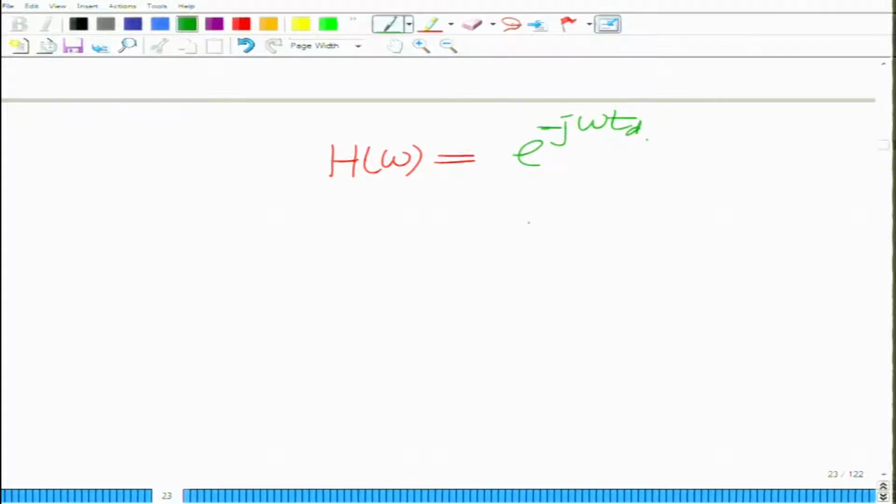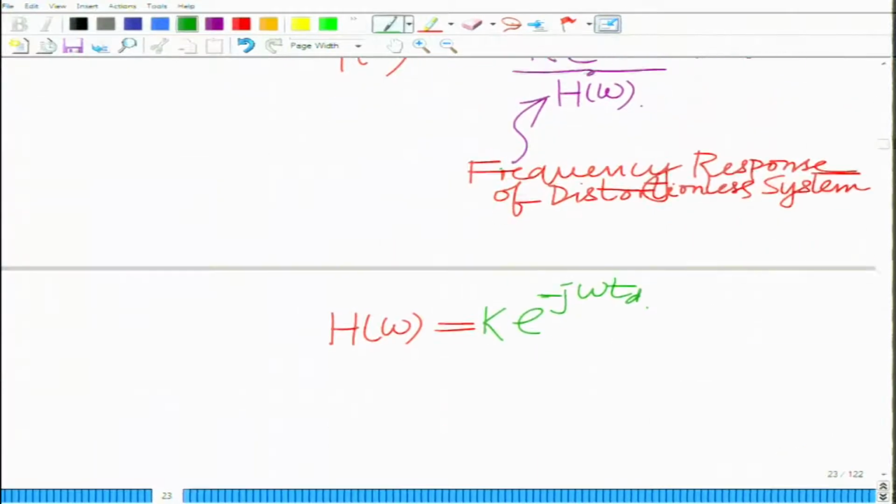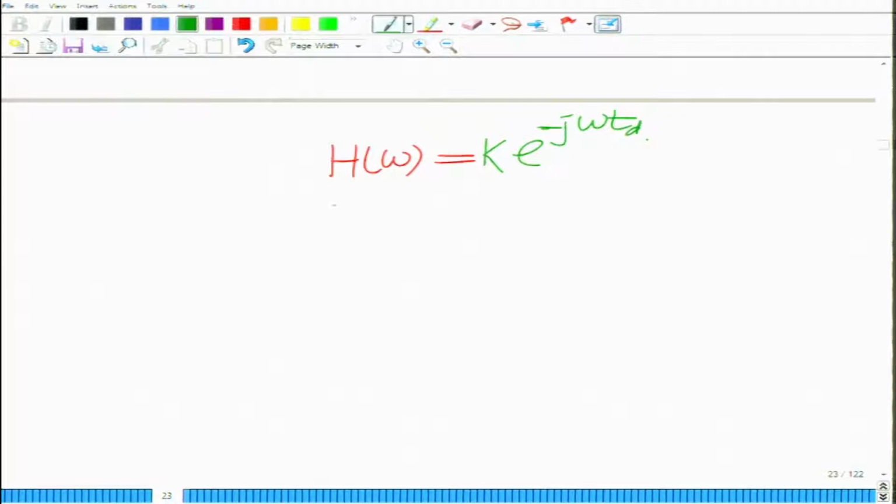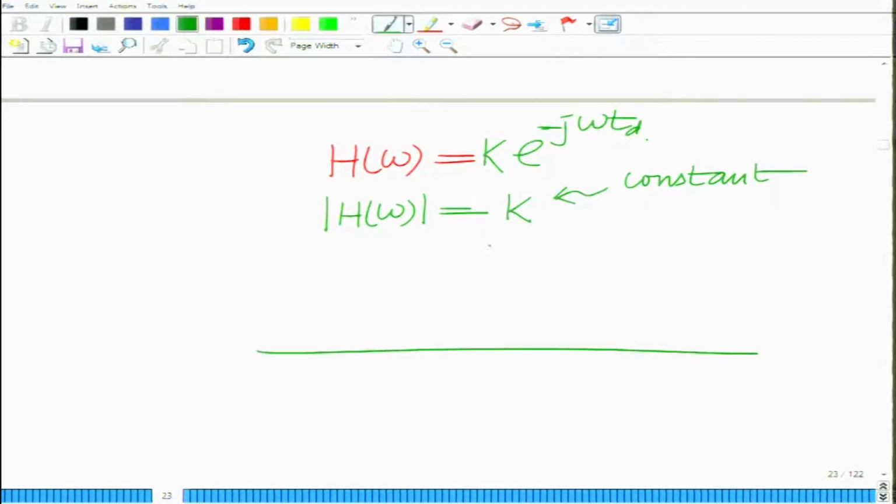Which means if you look at the magnitude spectrum, we have magnitude of H(omega) equals k, that is a constant. So, for a distortionless system, the magnitude spectrum has to be constant over the entire frequency band.